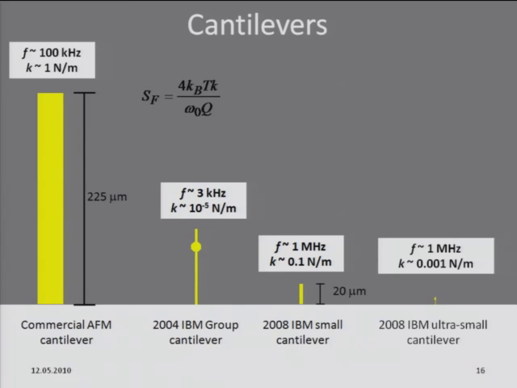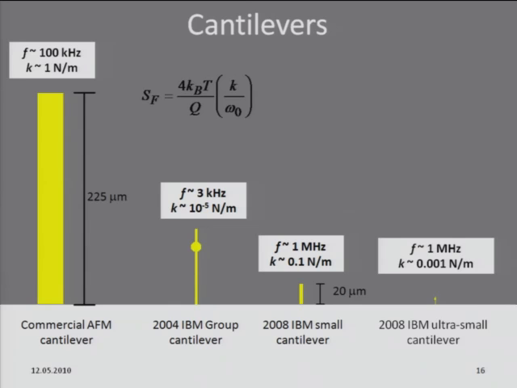So what I'm going to do is take these terms out, and let's say that they are given. We're given a certain temperature, we're given a certain Q for our oscillator. So what should we do to the oscillator to make sure that we get the lowest possible thermal force noise? Well, we should minimize this term here, the spring constant divided by the resonant frequency.